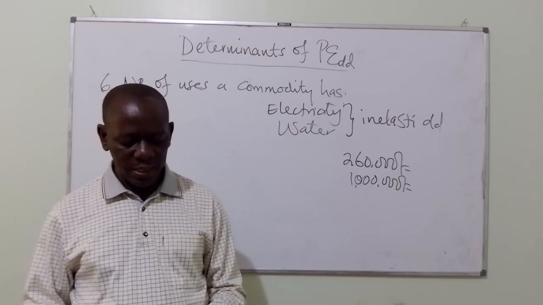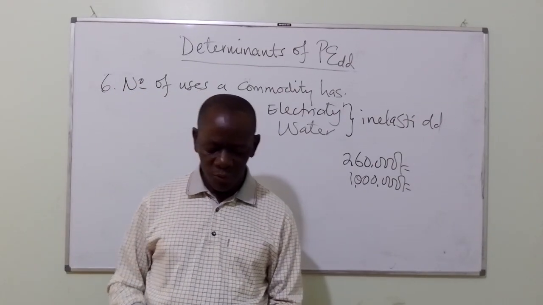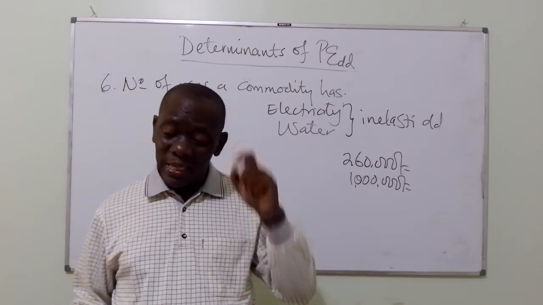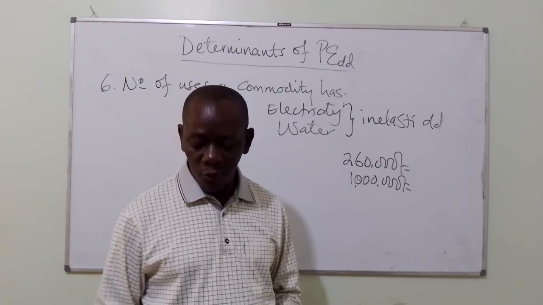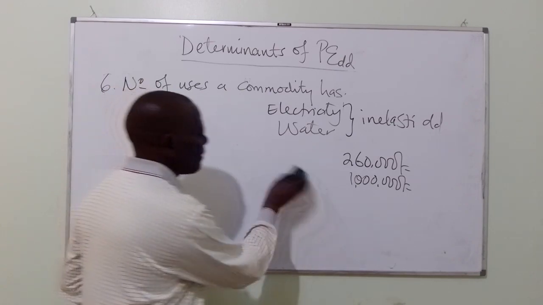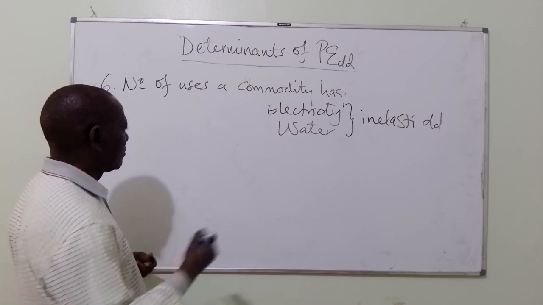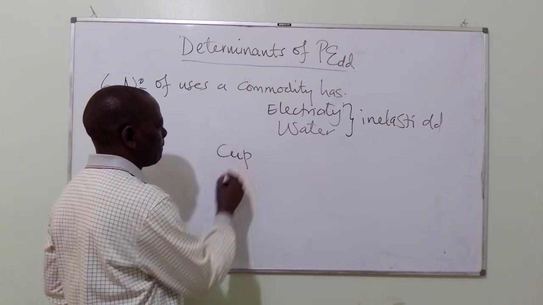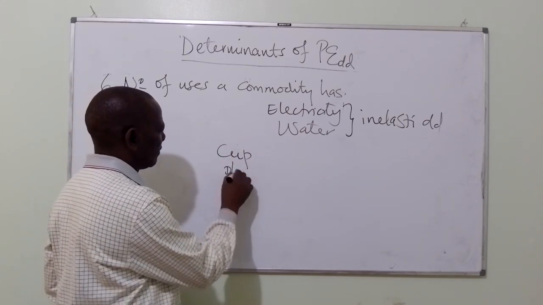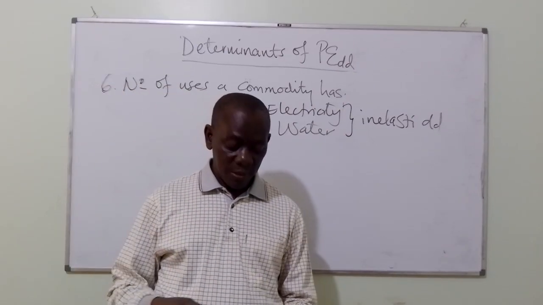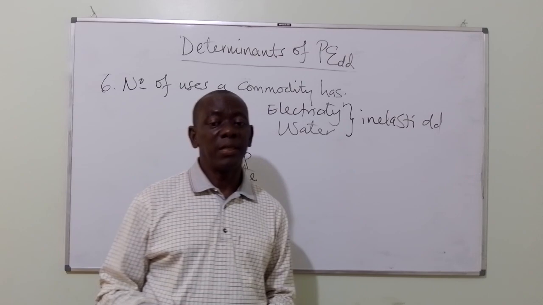Whereas if a commodity has almost no uses, then you're going to have an elastic demand curve. Not many uses. An example I usually give with this one is a cup, a plate. What purposes do you have with a plate?